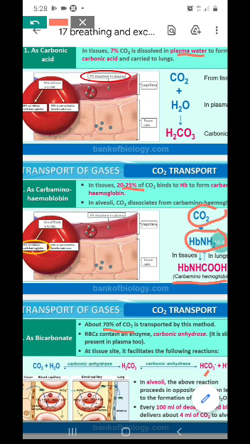Okay, now this is how it carries carbon dioxide in it, right? So this is the way in which it is transported as sodium bicarbonate. Okay, right. So these are the three ways by which carbon dioxide is transported by the blood.